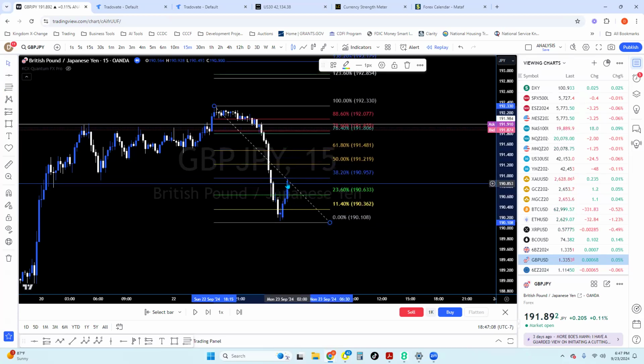And this candle verified that it validated, because it passed the 23.6. It validated that it was retracing, right? So I knew that this was finna go up. It's at least going to the 50 or the 78.6. So that's number one. So let's just say this candle just closed.